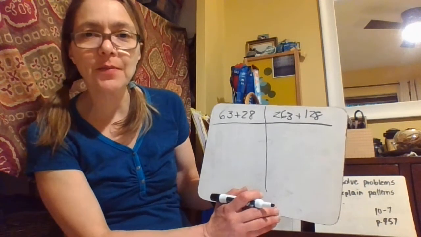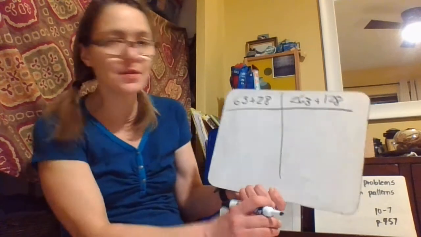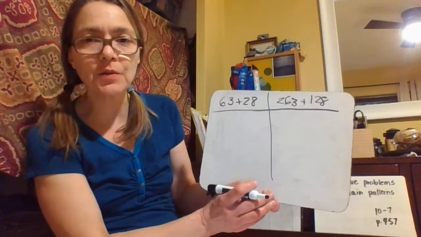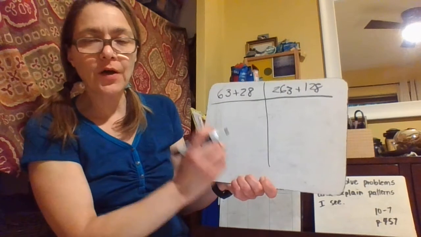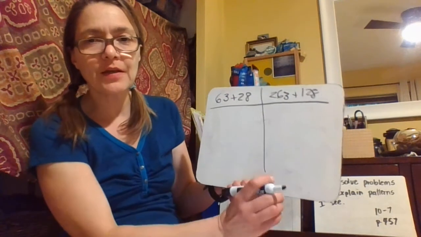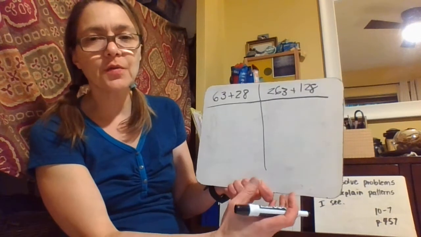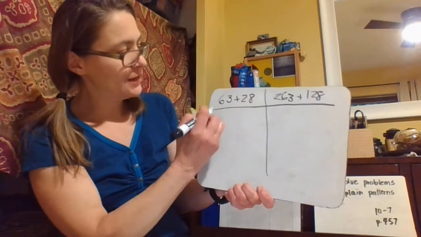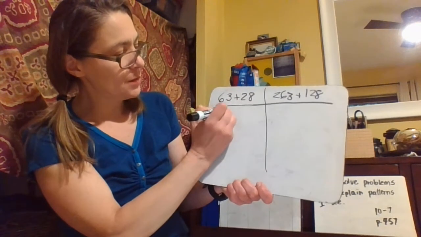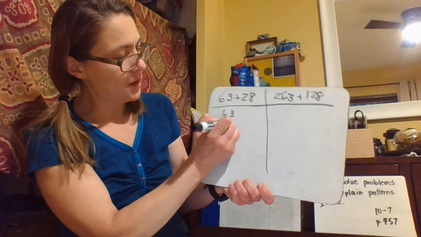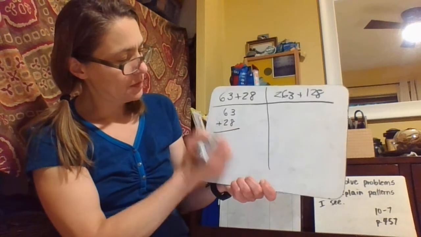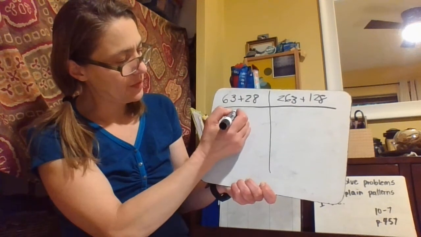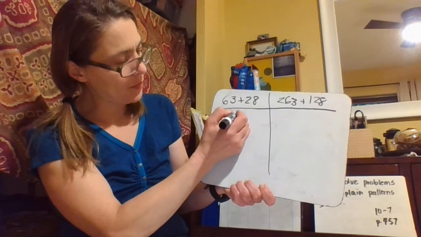I'm going to solve them for you doing partial sums, and I'm going to do the partial sums the way they do it, in a column instead of the way I've been showing you, but you're going to do the way that works for you. Okay, so we have 63 plus 28. First we line up the place value, and then we add the ones.